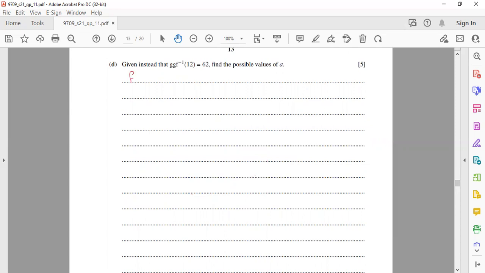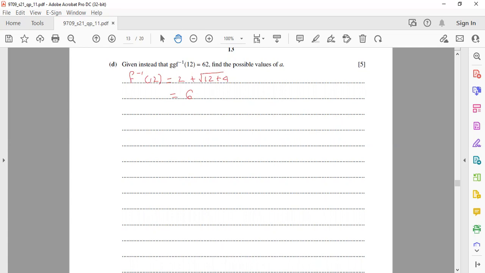Let's first do f inverse of 12. So that would be 2 plus the square root of 12 plus 4. Okay, we just found the inverse from part B, so we replace the value of 12 in our answer for part B. So 2 plus the square root of 12 plus 4 is equal to 6. So this is f inverse of 12.